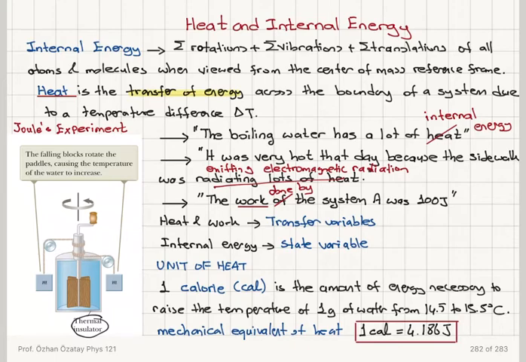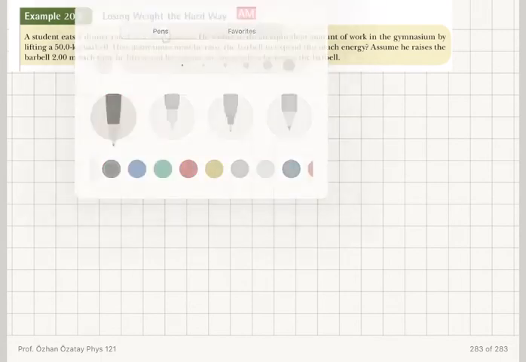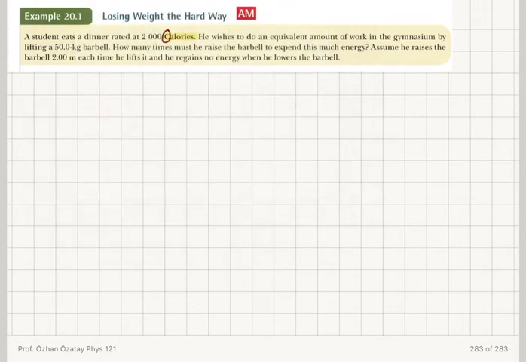Now I would like to take a look at an example in order to clarify this concept further. A student eats a dinner rated at 2000 calories. I would like you to pay attention to the unit here, calories, and this C here is capital C. He wishes to do an equivalent amount of work in the gymnasium by lifting a 50 kilogram barbell.